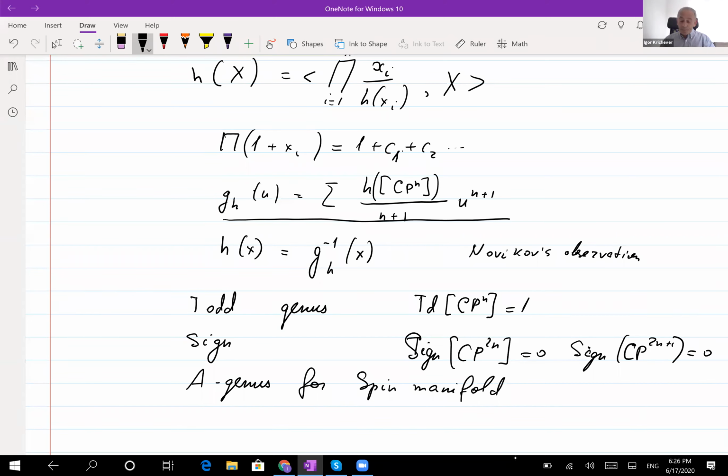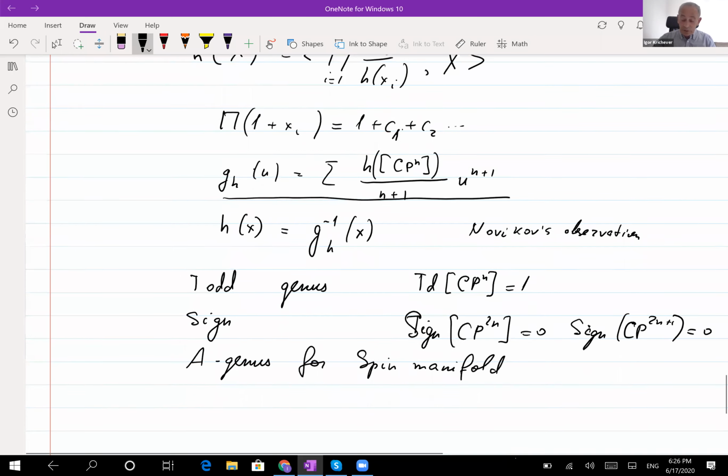Okay, so now we know how to construct or look at homomorphisms from the unitary cobordisms to rationals.